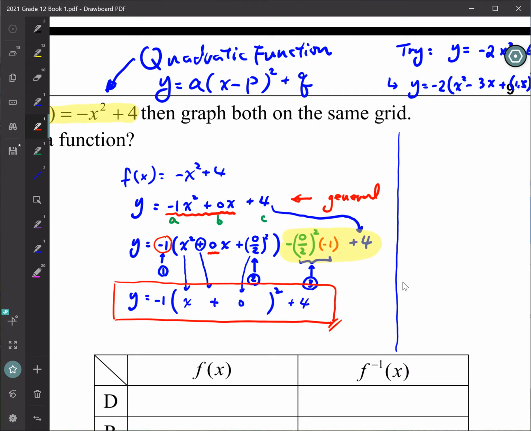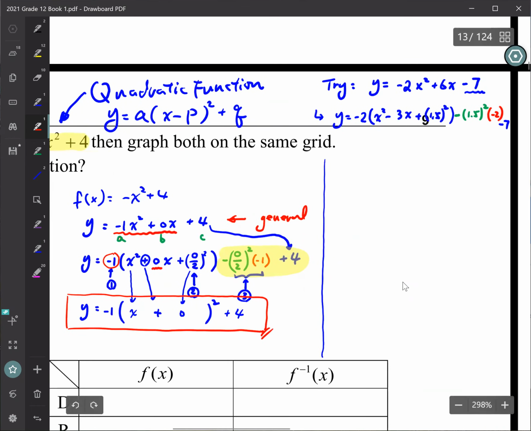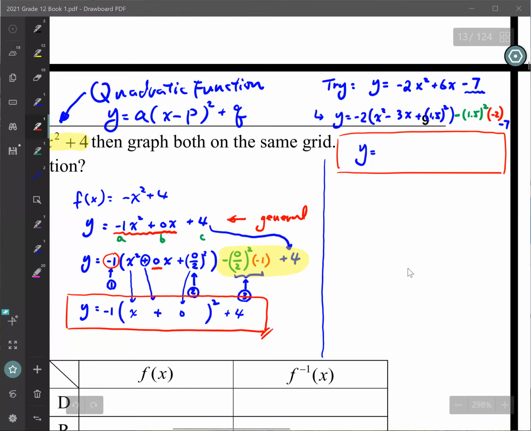And then I would like you to do the same thing for the one you were trying, okay? So please write out the APQ form for the one you were doing, okay? Does anyone have questions so far, like how to write out APQ? Okay, so once you've done the APQ, you can raise your hand again.